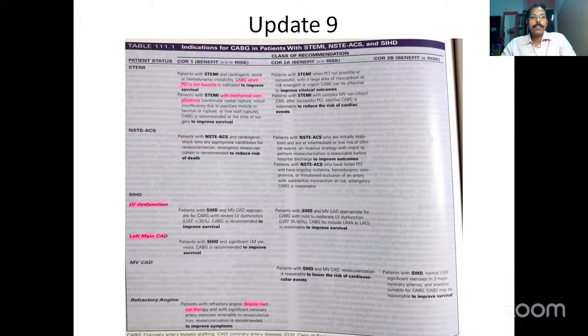Okay. Then coming to stable ischemic heart disease, if the patient presents with LV dysfunction, again CABG will be superior. If the patient has left main coronary artery disease, again CABG will be superior. And if the patient has refractory angina despite medications, CABG has its own value in improving the symptoms.